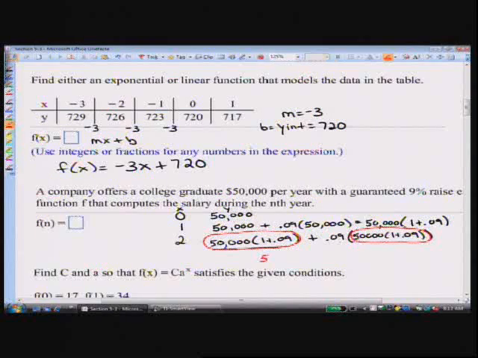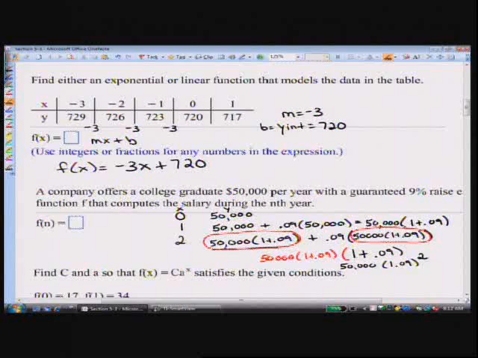When you divide this expression by what's in red, you would just have 1 left, plus when you divide this expression by what's in red, you would have 0.09. Well, so what do you notice? 1.09 times 1.09, that's the same as 1.09 squared, right? So that's 50,000 times 1.09 quantity squared.